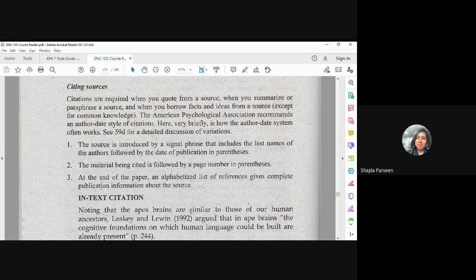Especially if there are two or more authors, the first author's last name has to be written first, and whatever it starts with, A, B, C, D, you organize alphabetically based on that first letter of the first author's last name.